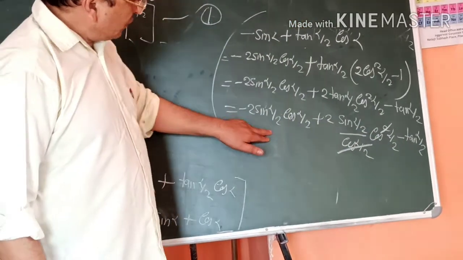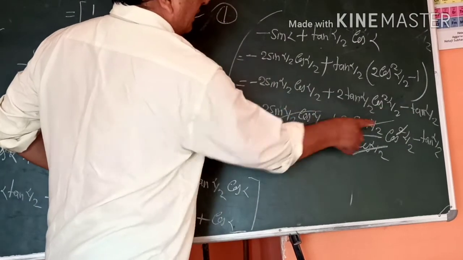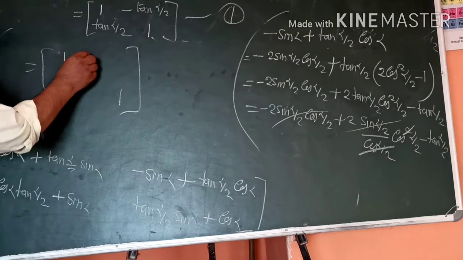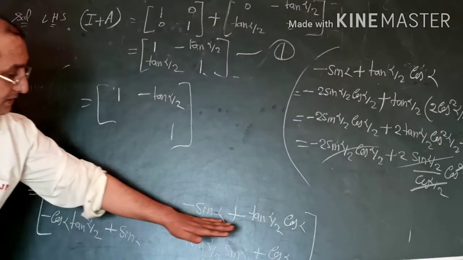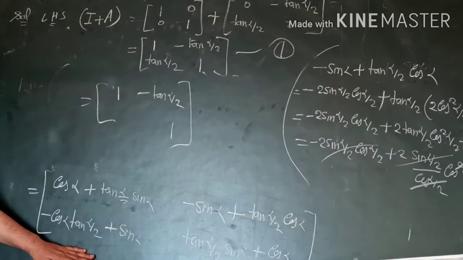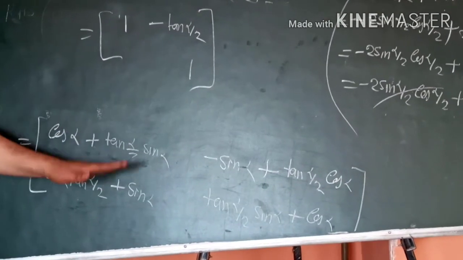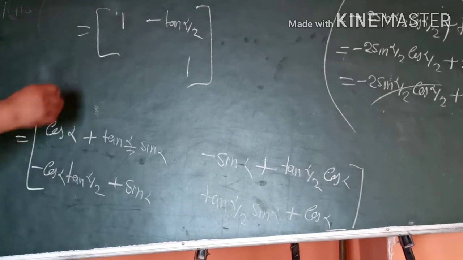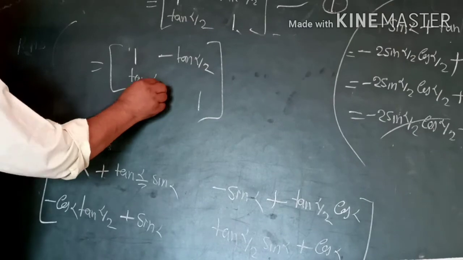Now see, 2 sin(alpha/2) cos(alpha/2) and 2 sin(alpha/2) cos(alpha/2), and this one is also cancelled. What is left? Minus tan(alpha/2), because these things are the same but negative in sign. After solving, it comes to minus tan(alpha/2).